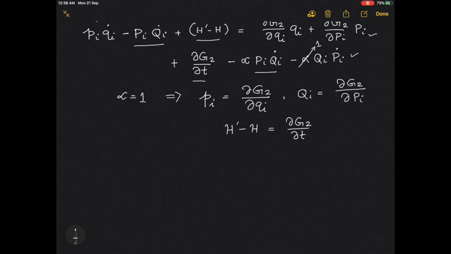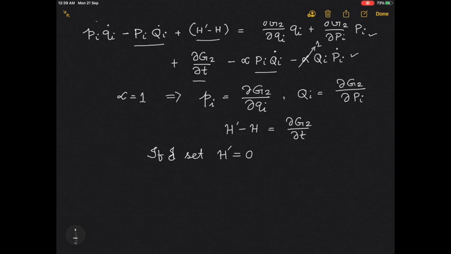Here I get a similar thing: the partial derivative of G2, which is the generating function of this transformation, with respect to Qi is Pi, and if I set h prime equals 0, actually if it is a constant then also it suffices, because in classical mechanics you can add a constant to the Hamiltonian.